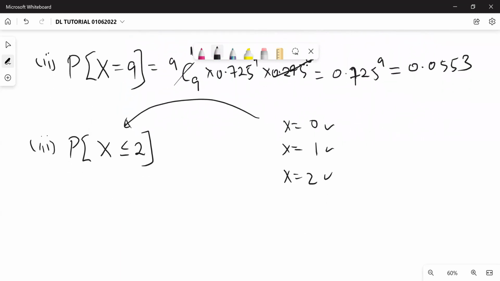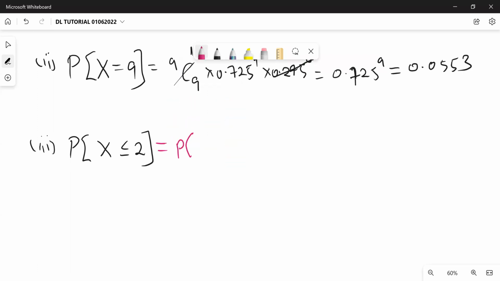So for us to obtain that, we say that this is the same as the probability that X is equal to 0 plus the probability that X is equal to 1 plus the probability that X is equal to 2.